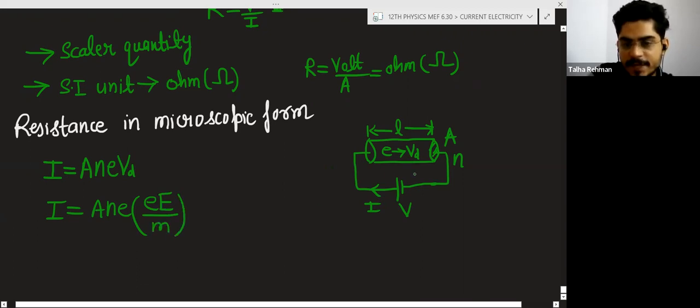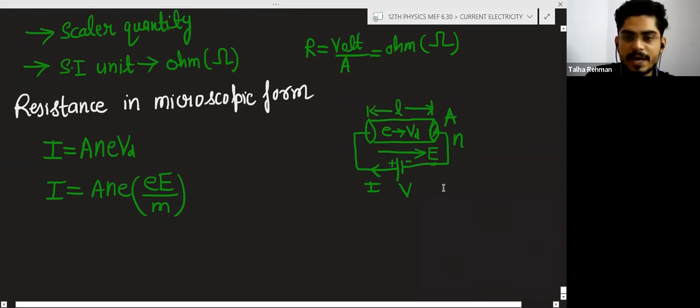And there is also the electric field due to this battery, from positive terminal to negative terminal. And I have already told you this electric field is equal to the potential difference across the ends of the conductor divided by the length of the conductor.